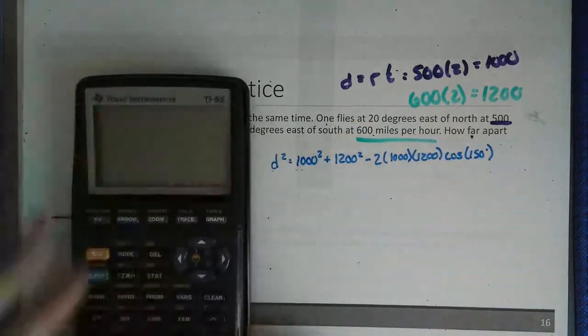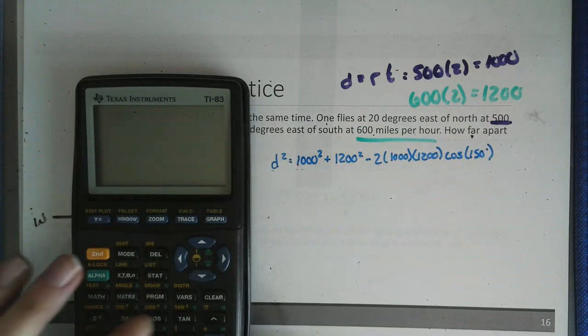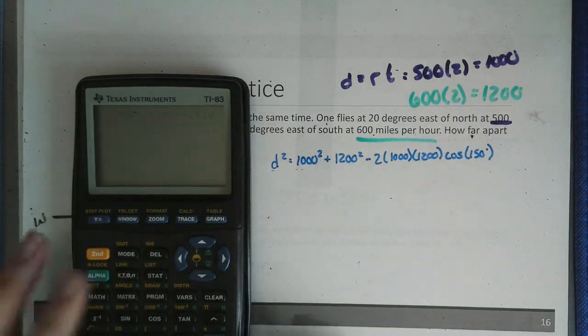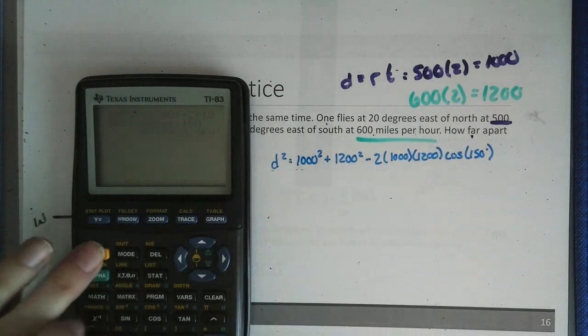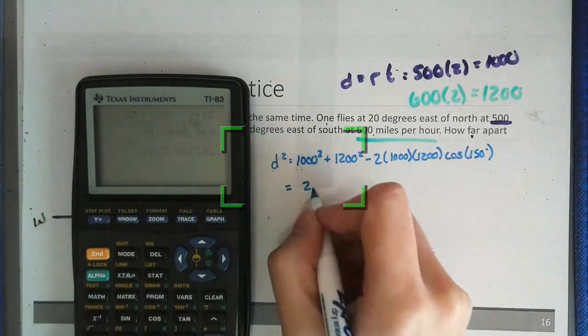And I can type that in. 1,000 squared plus 1,200 squared minus 2 times 1,000 times 1,200 cosine of 150. That's d squared. So if I square root that answer, these planes are 2,000.